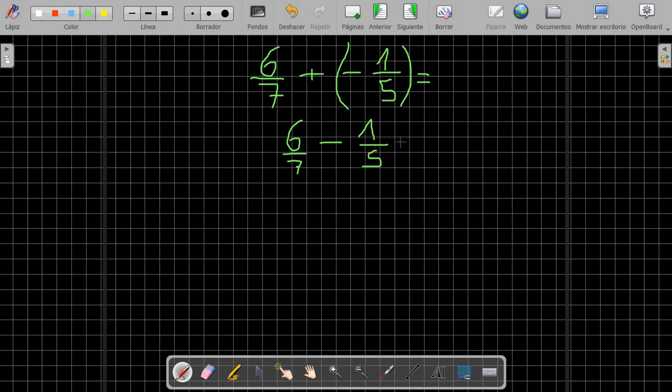6/7 minus 1/5. Well, the least common denominator of 7 and 5 is 35. You check it out. 35 here and 35 there. In order to get a 35, I must multiply 7 by 5, and I should do the same with the 6. 6 times 5 is 30.